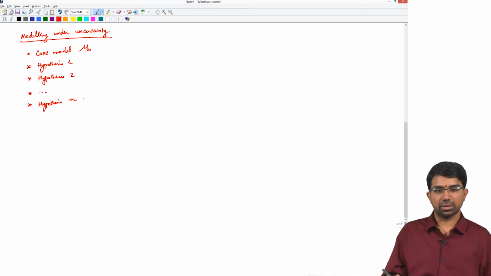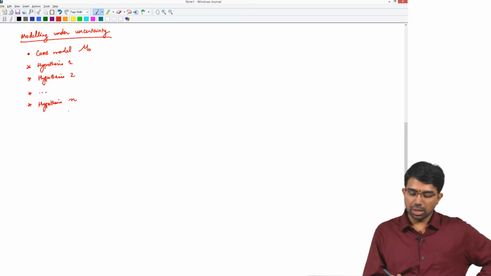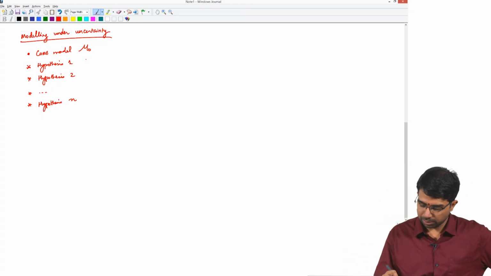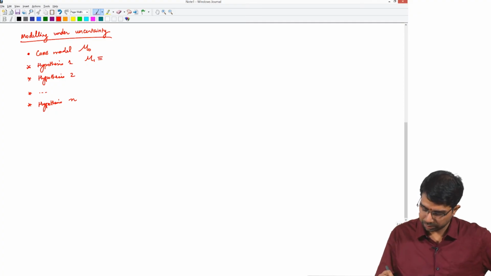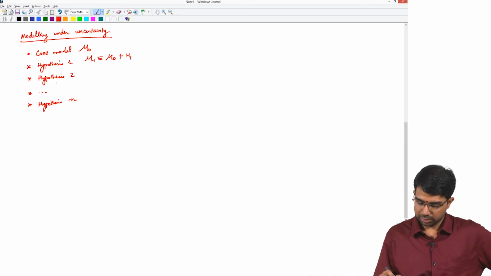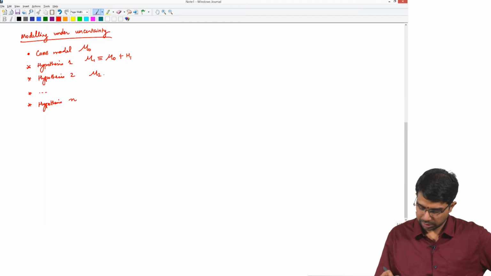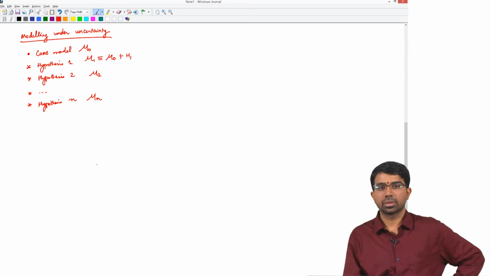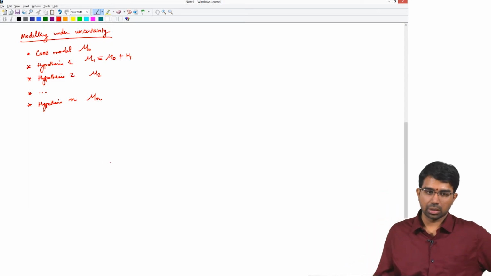For them n was 18 actually. So, these could be represented as different models. In fact, this is M1, which is basically nothing but hypothesis 1, and this is M2, this is Mn.